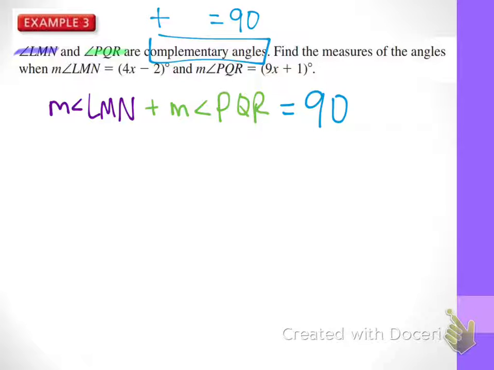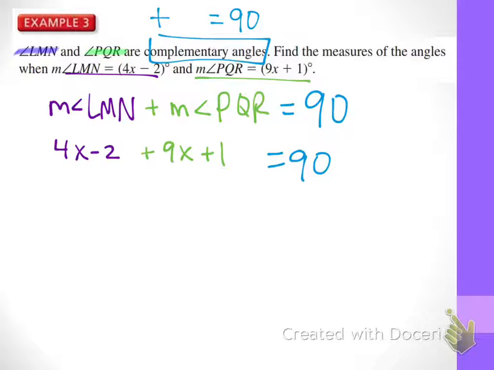So what is the measure of LMN? 4x minus 2. And the measure of angle PQR, 9x plus 1. And they equal 90.